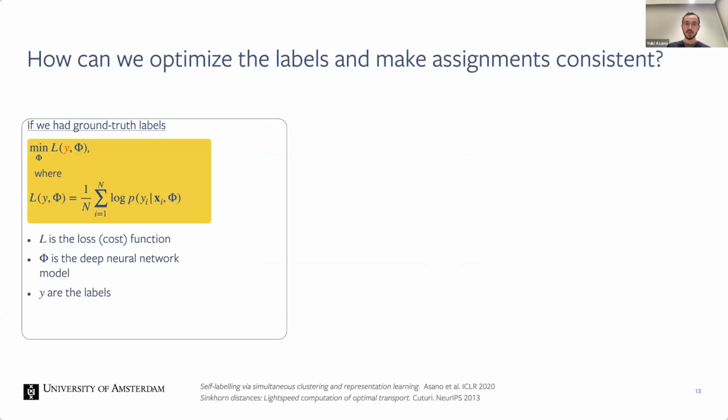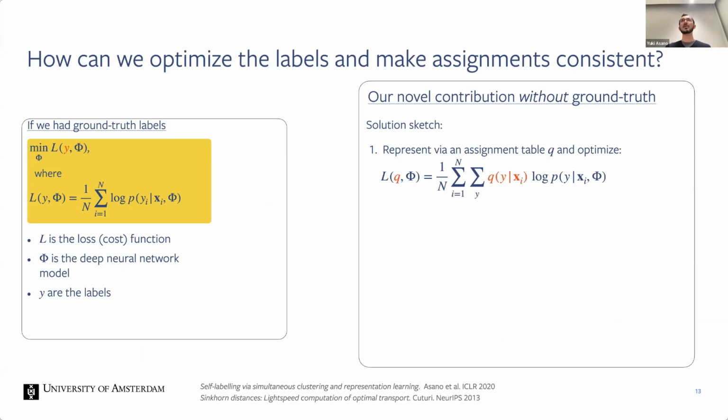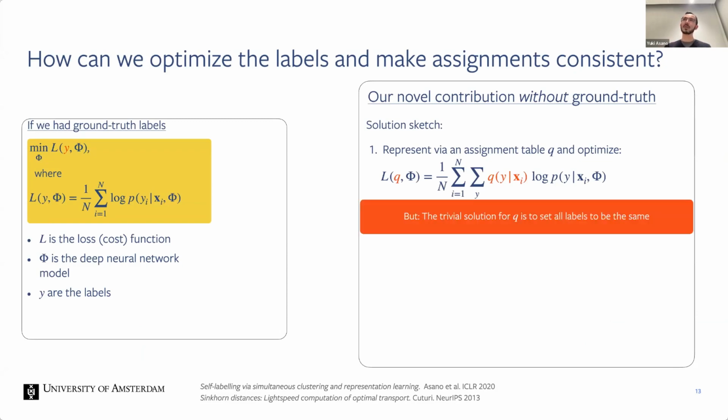Now, on a mathematical level, you can read the paper, of course. What we simply do is we're relaxing the normal cross entropy loss to be optimizable. So we're going to be optimizing this Y in a not one hot manner, but in a soft manner. And if you do this in a soft manner, you quickly run into trouble because you get some trivial solutions which you don't want.